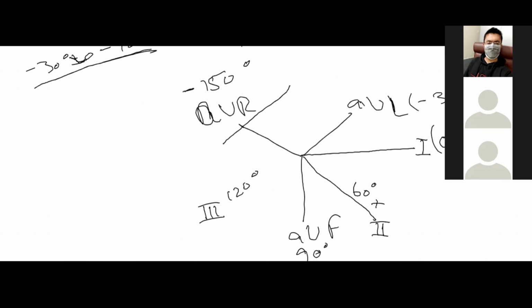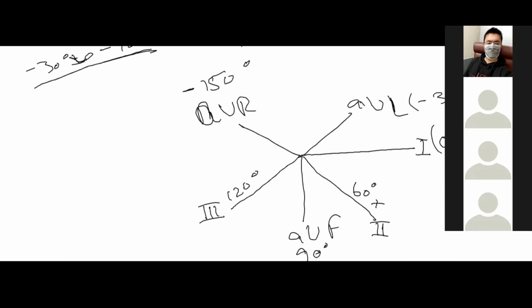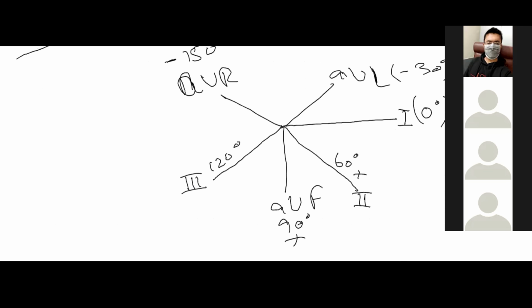In a normal heart axis, lead 1 was positive and lead 2 was positive. But now the heart's axis has been deviated from this positive area to the negative area, that is between minus 30 to minus 90. So what will happen?